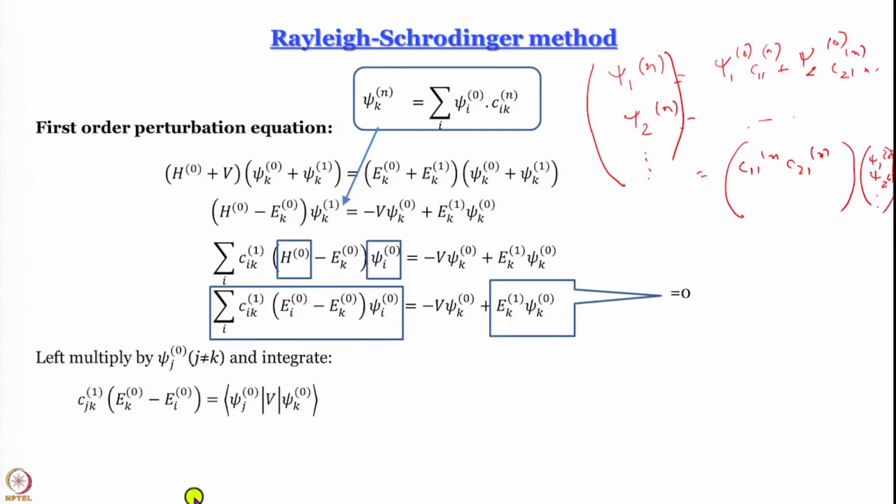Right hand side I get the integral psi j 0th star V psi k 0th. Do I know what that integral is? Not until I know what V is, right. Until then we will leave it at that. So, now I have written i everywhere, should have been j, sorry. So, Cjk 1th is equal to the integral psi j 0, I will just write it by hand at least.